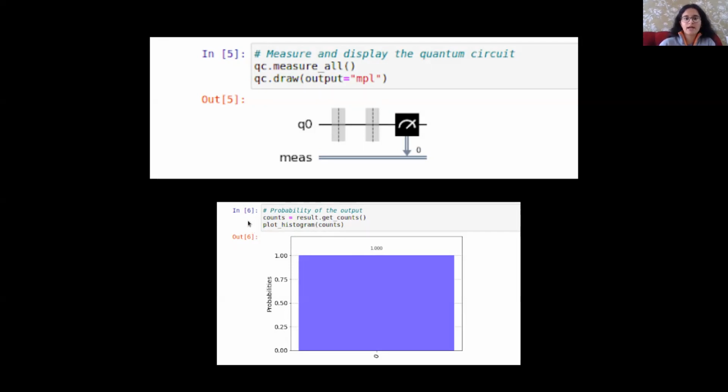Plot histogram and all these functions that we're using are the functions that we imported from Qiskit in the first slide. So you could look at them later on to understand what we imported and where we are using them. And when we plot the histogram, we get 100% probability of being in the state of ket 0, which is what we expect, because we've just initialized the qubit.